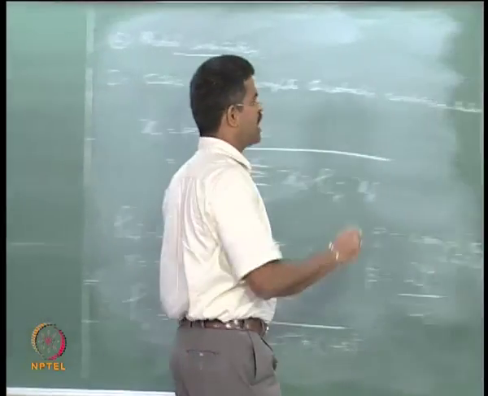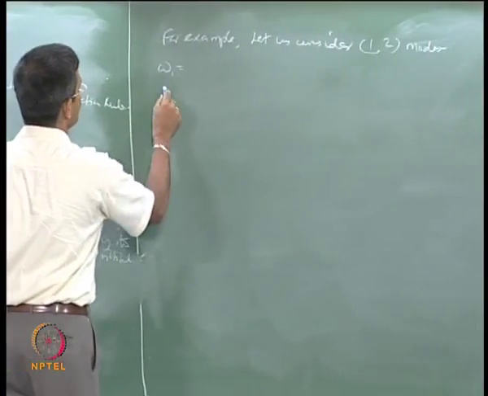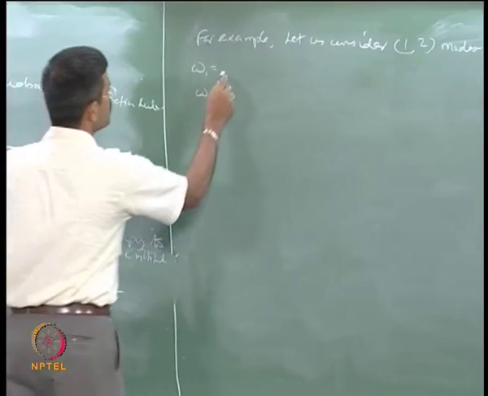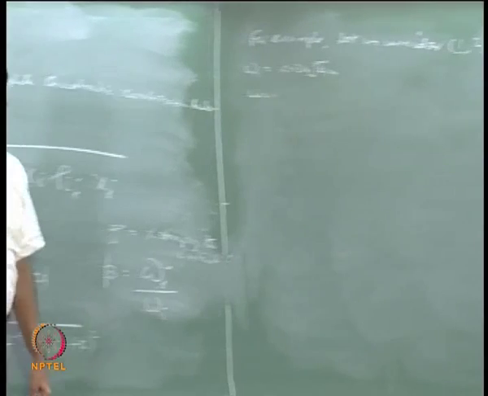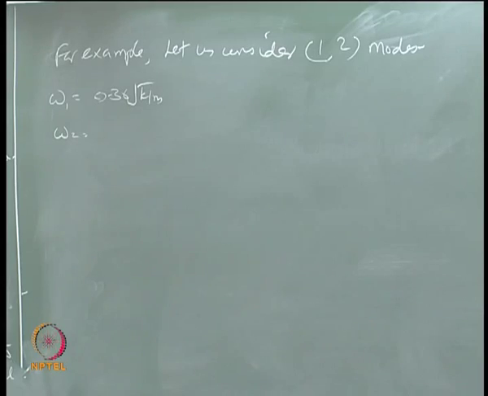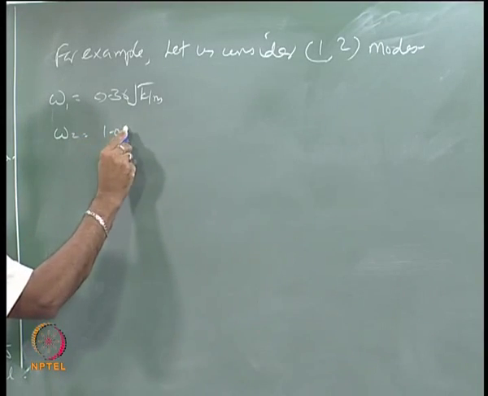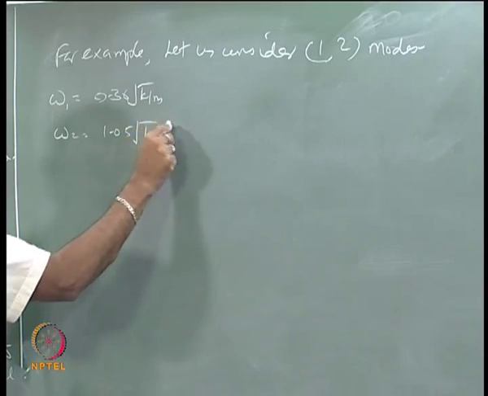So then I should say omega 1 and omega 2 are 0.36 root k by m and 1.05 root k by m.